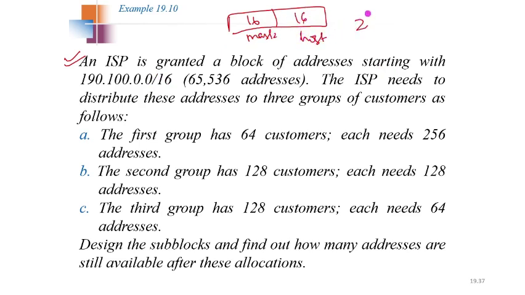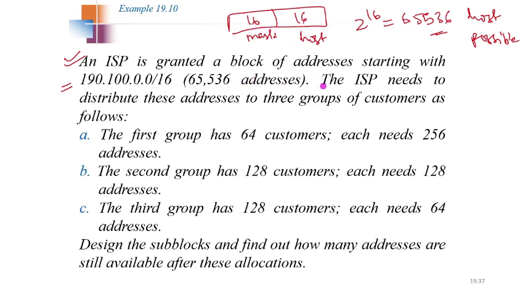So 2 to the power 16 will be 65,536. This is the total number of hosts possible. Here it is given that this is the starting address of the ISP, that means this is the network address of the ISP. /16 means 16 bits are used for the mask and the remaining 16 bits for the host.